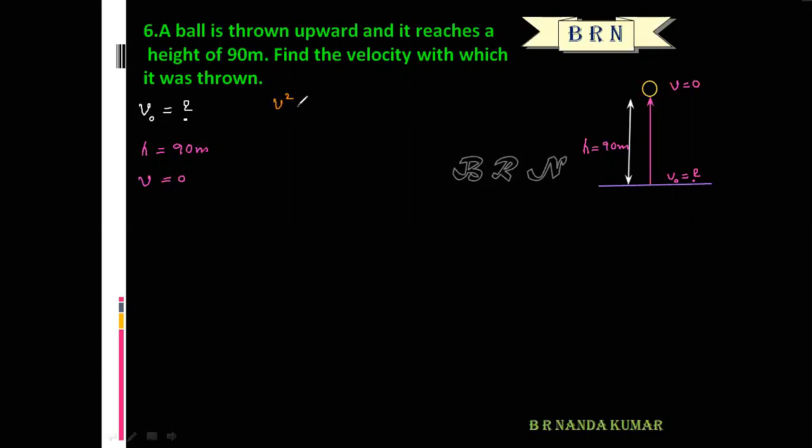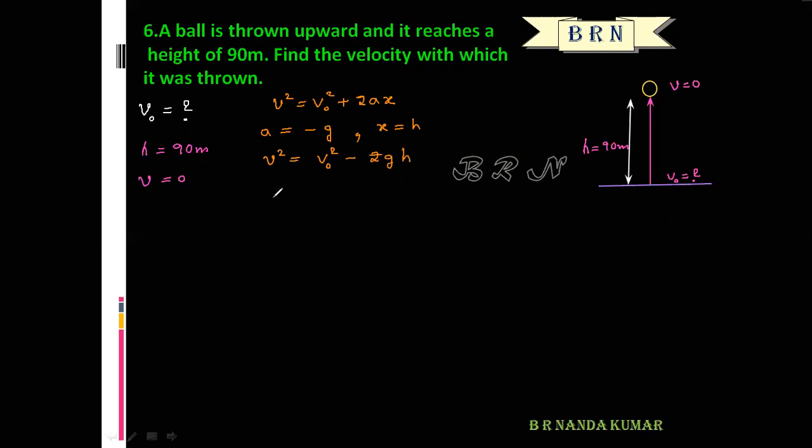V squared is equal to V naught squared plus 2ax. But here the ball is moving vertically upwards under gravity, so A becomes minus G, is it not? X is equal to H. So the equation is V squared is equal to V naught squared minus 2GH.